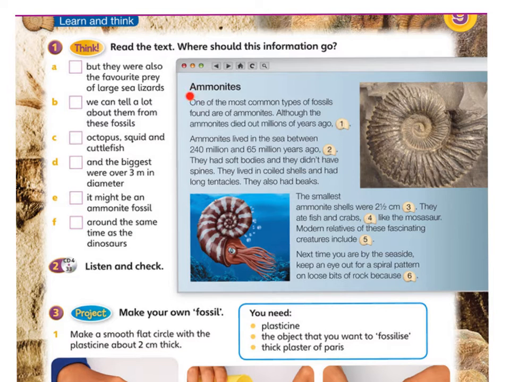The title of the text is Ammonites. And all of these parts were taken out from the original text. Please pause the video, read it carefully, and try to answer. We will check later with the listening.